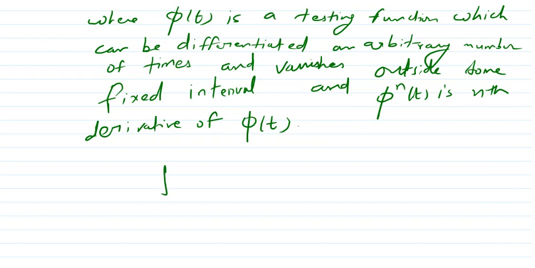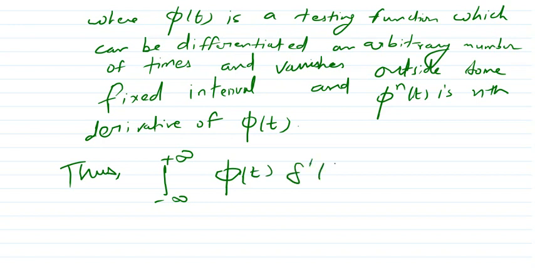So basically if we integrate from minus infinity to plus infinity phi(t) with delta dash(t), what is the conclusion? We will get minus phi dash(0). What is delta dash(t)?